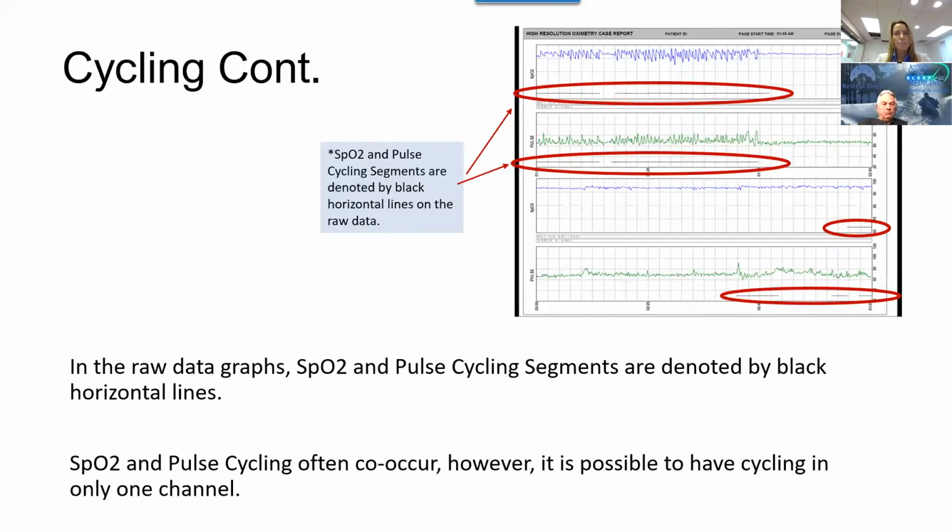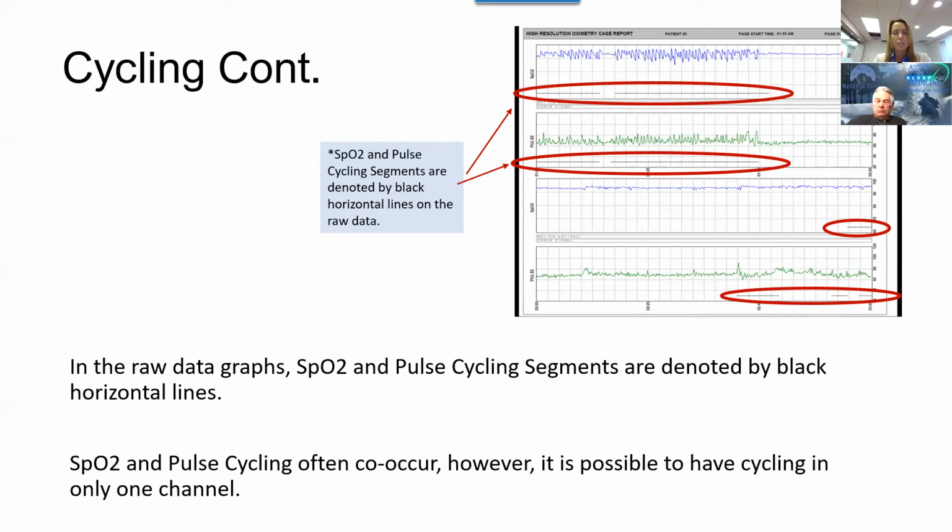So also, you'll see on our reports in the raw data that we highlight the SpO2 and pulse cycling segment. The cycling that's reported on the first page is only related to the SpO2 cycling, or oxygen cycling, but you'll see those periods highlighted on the reports as well. Oftentimes you'll see that in your pulse cycling and SpO2, both channels, you'll see some movement at the same time.